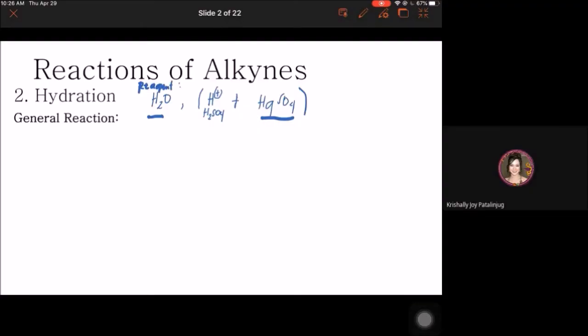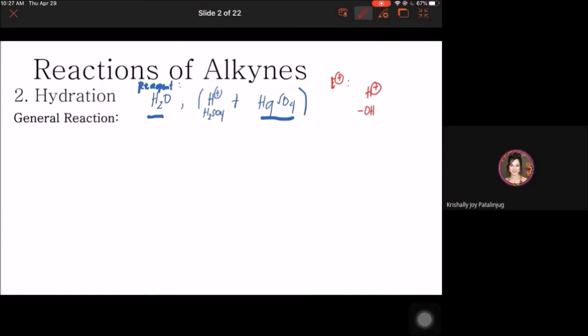The question here is, what are the electrophiles that will be produced actively using these reagents during the hydration reaction of alkynes? The following electrophiles will be produced: H plus coming from the acid, sulfuric acid, and the OH coming from the water.